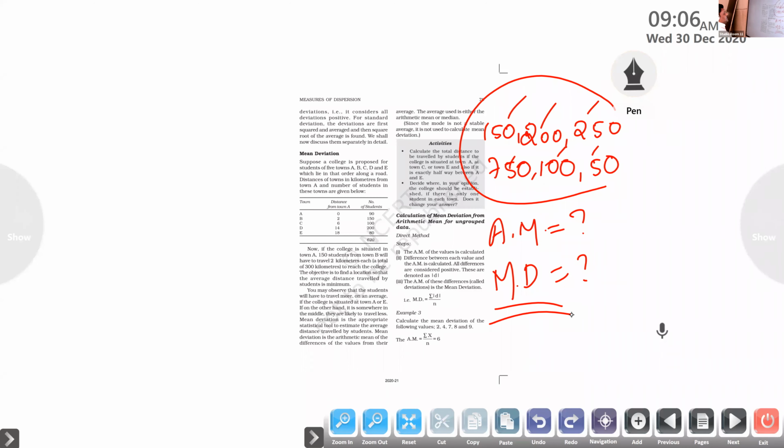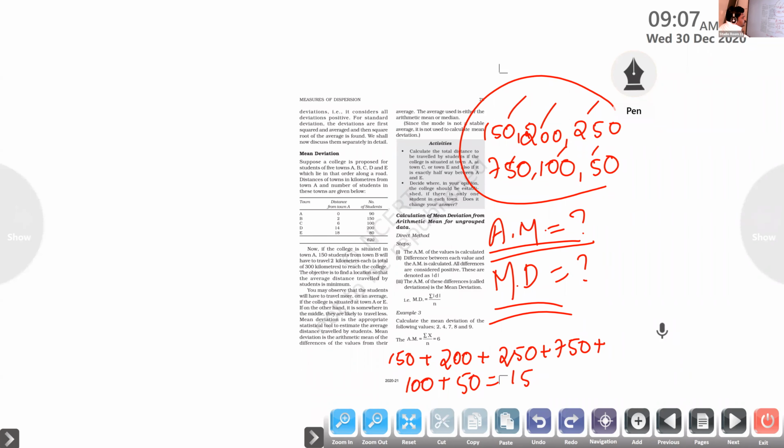So what is the answer to find out AM here? What is the method we are using here? So 150 plus 200 plus 250 plus 750 plus 100 plus 50. The answer is 1500, right?